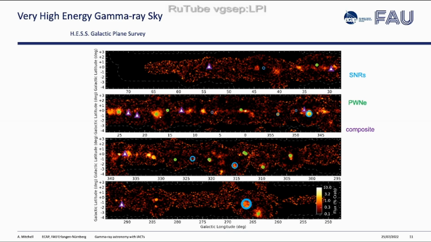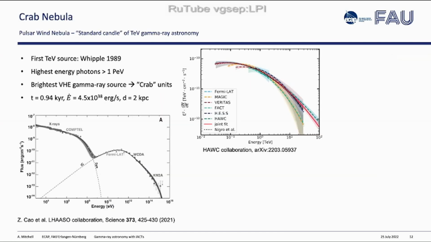What I actually want to draw attention to with this is that this doesn't cover everything, and the majority of the remaining sources are unidentified, and this includes actually the galactic center, which is classified as an unidentified source because it is coincident with the location of Sagittarius A*. We don't yet understand the mechanism by which these very high energy gamma rays are produced, and so it is still an unidentified source.